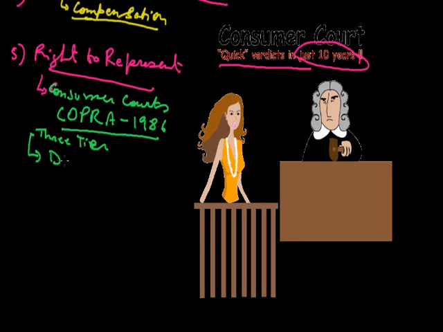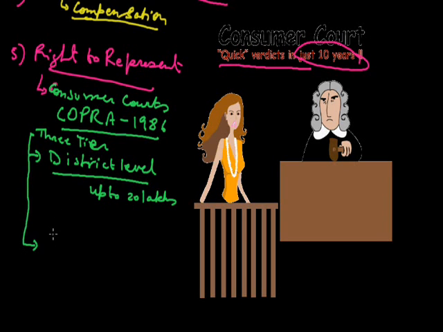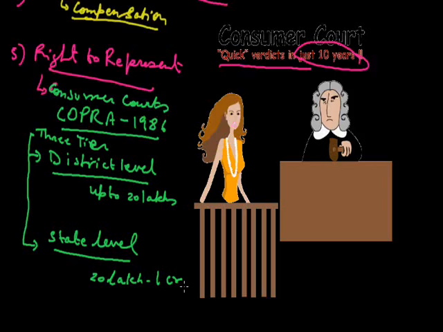The first one is at the district level, where cases involving claims up to 20 lakh are heard. Then the state level court, for claims between 20 lakh and 1 crore.